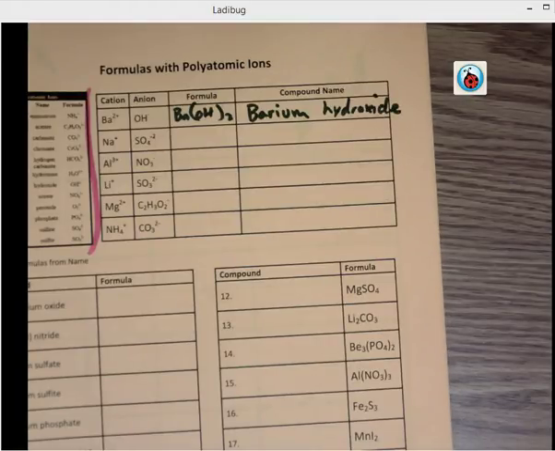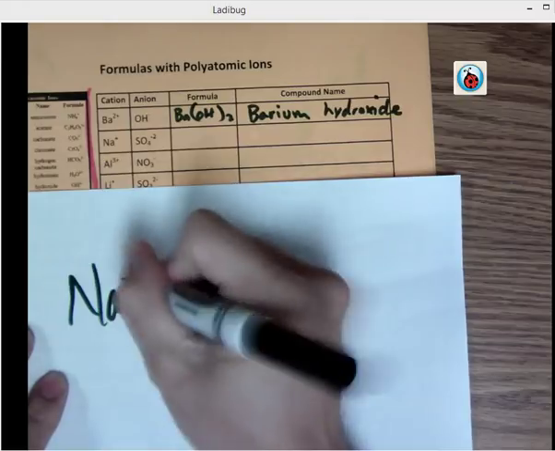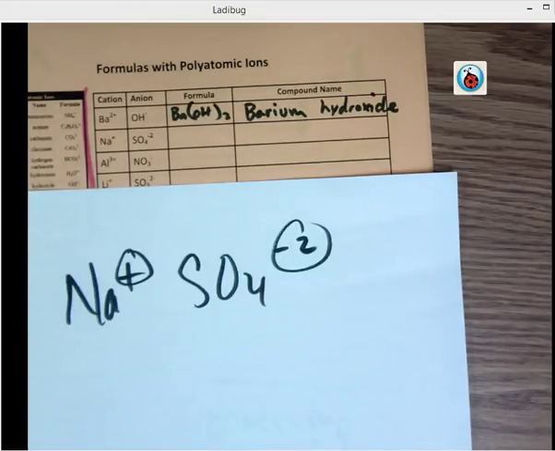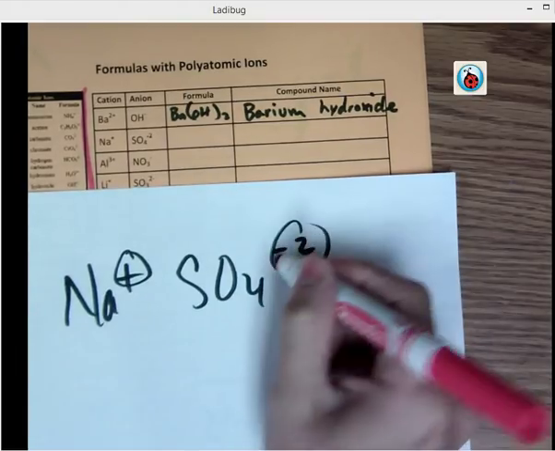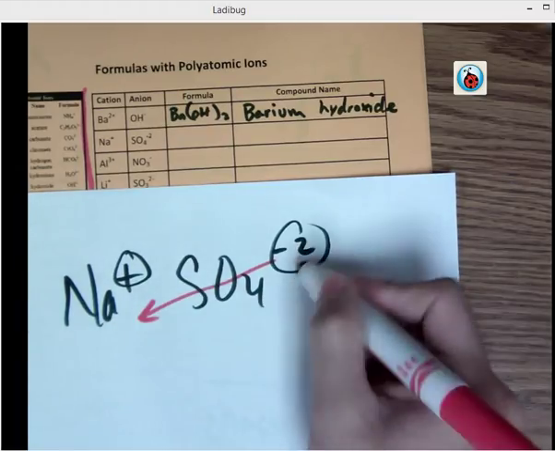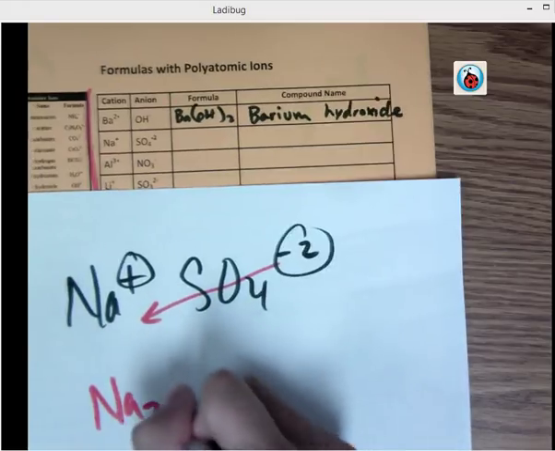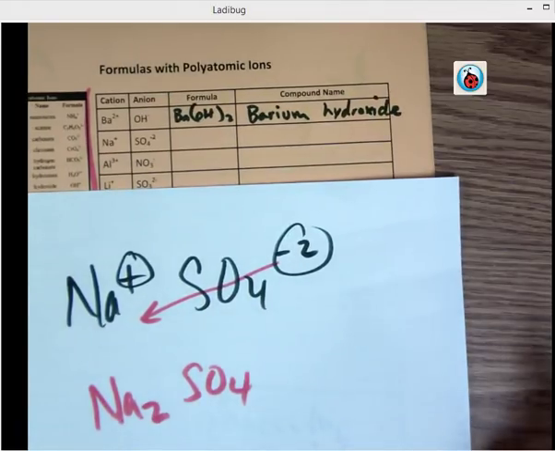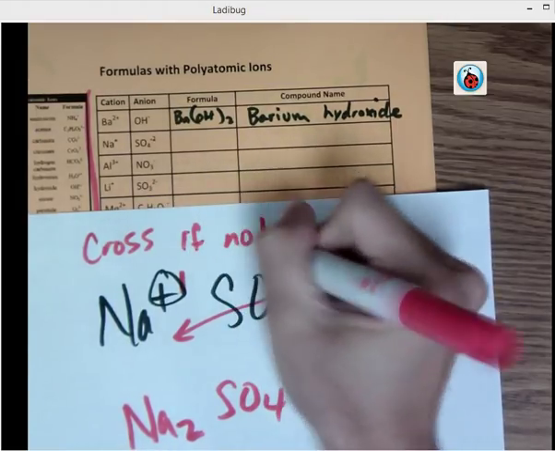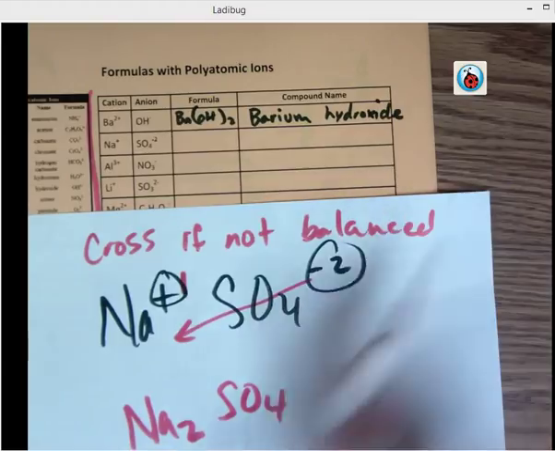barium hydroxide. All right. Number 2 here, the second one, Na plus SO4 minus 2. Notice the charges are different, +1 and -2. When they're different, what do you do? You cross it over, swap and drop to the bottom. So it's Na2SO4. Since this is a +1 on the Na, you don't need to cross the 1. So you cross if not balanced. Like these, 1 and 2 is not balanced.